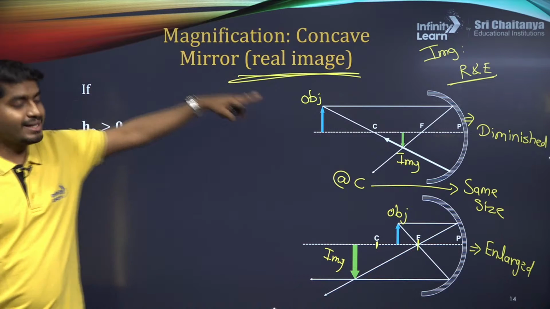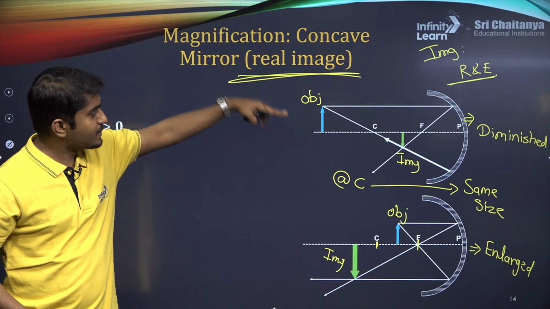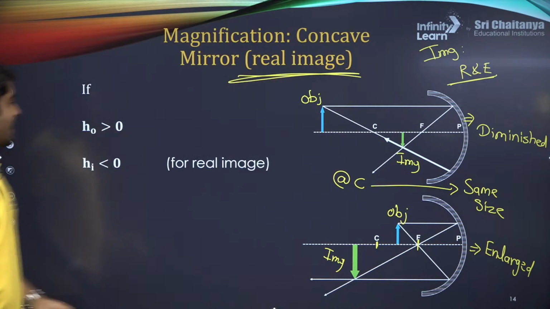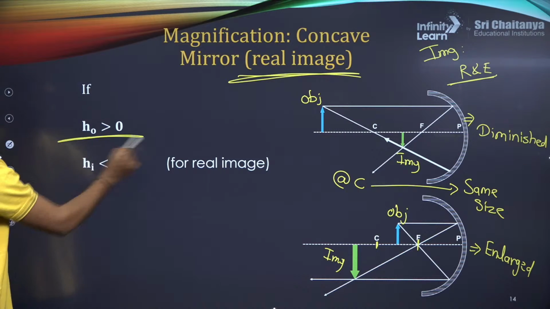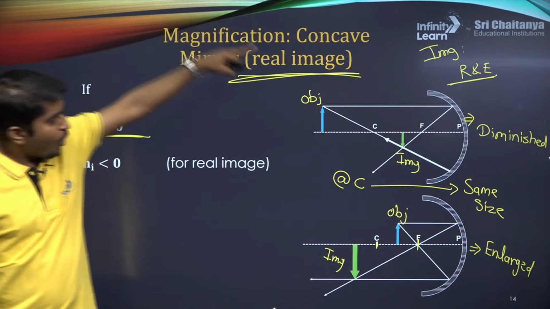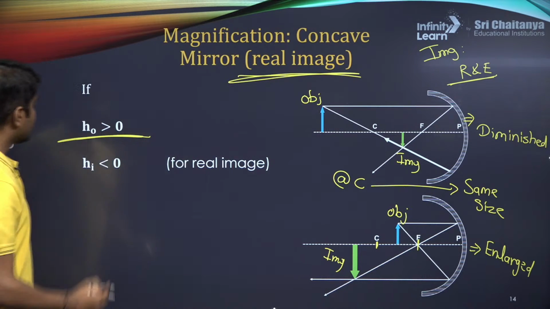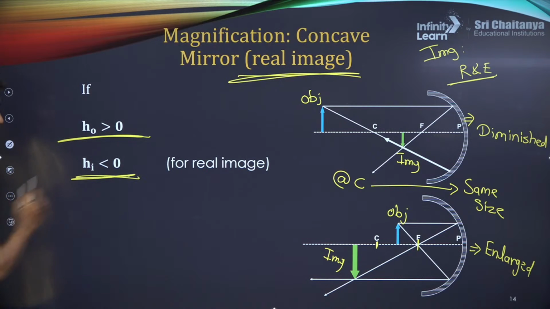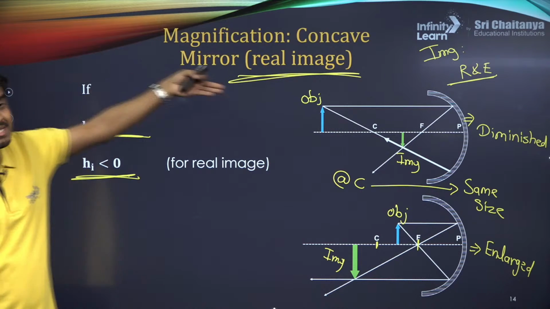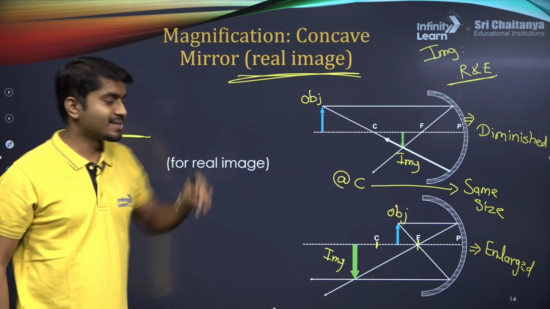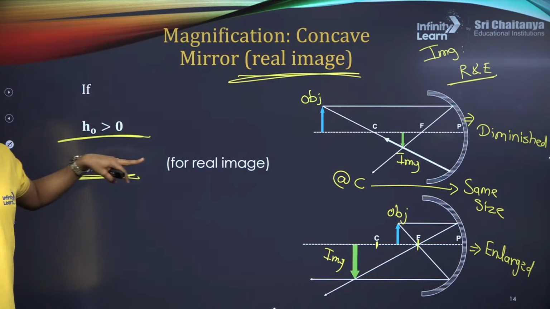Now understand some more properties. Again, in all the cases, I have assumed the object to be above the principal axis. So if the object is above the principal axis, for all of these cases, the image is going to be below the principal axis. That means the height of the image is negative.